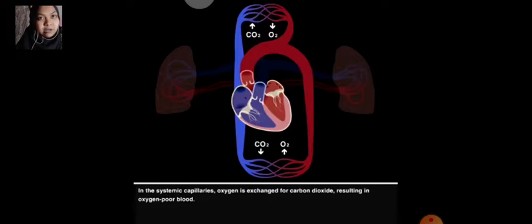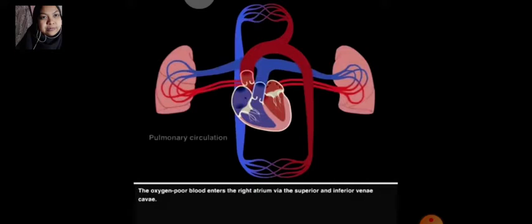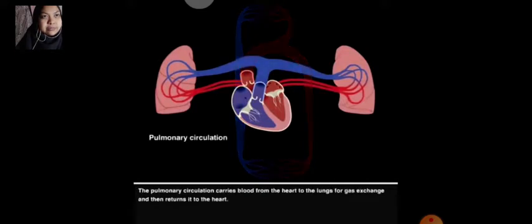Blood from the right atrium next enters the right ventricle through the tricuspid valve. The oxygen-poor blood enters the right atrium via the superior and inferior venae cavae. The pulmonary circulation carries blood from the heart to the lungs for gas exchange and then returns it to the heart.